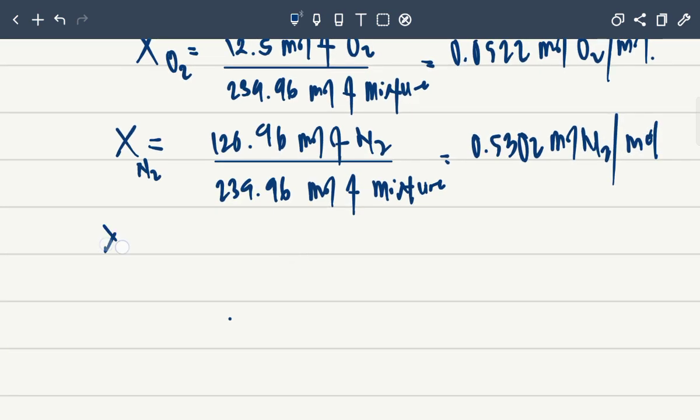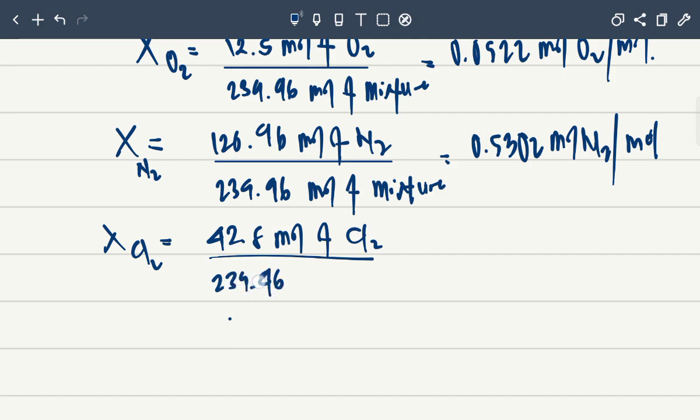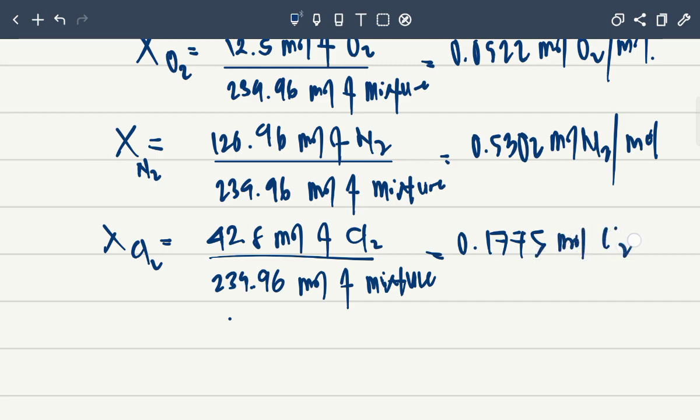And last one, Cl2, 42.5 mol of Cl2 over 239.96 mol of mixture. 0.17775 mol Cl2 over mol.